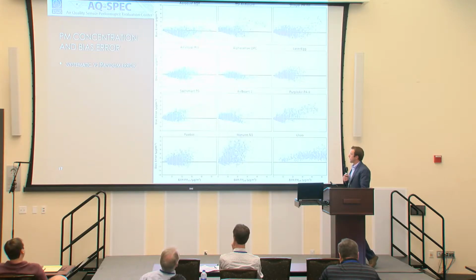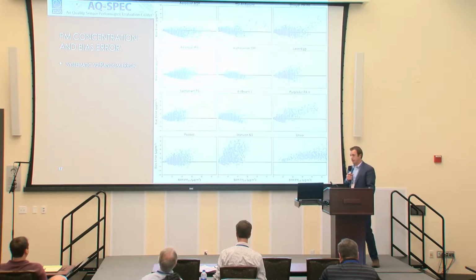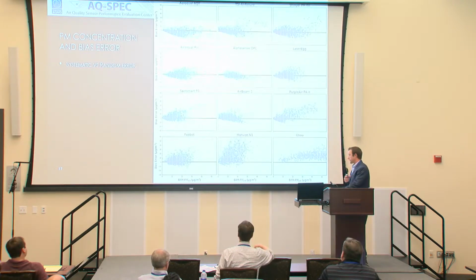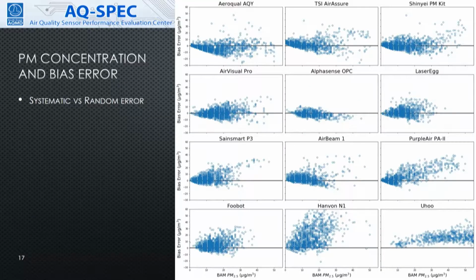A very similar plot here has the same bias error on the y-axis. The x-axis has been changed to the BAM PM 2.5 hourly concentrations. The idea is to figure out when the bias error changes based on PM 2.5 concentrations.